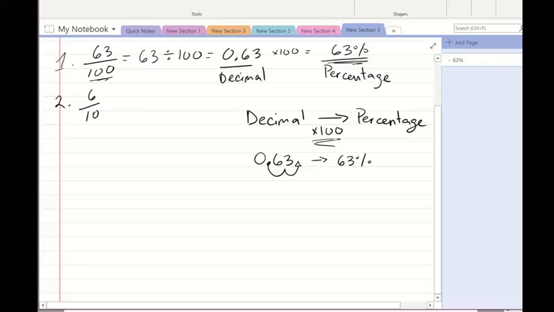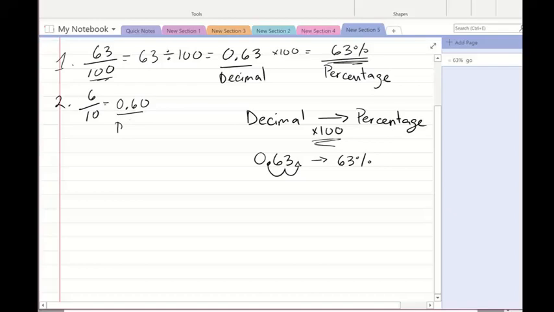Now, the second question is basically the same idea. 6 divided by 10. If you do it on the calculator, you get 0.60, or you might get 0.6. This and this are exactly the same thing. The trailing zero doesn't add anything, but there's a reason why I put it. Let me erase this.